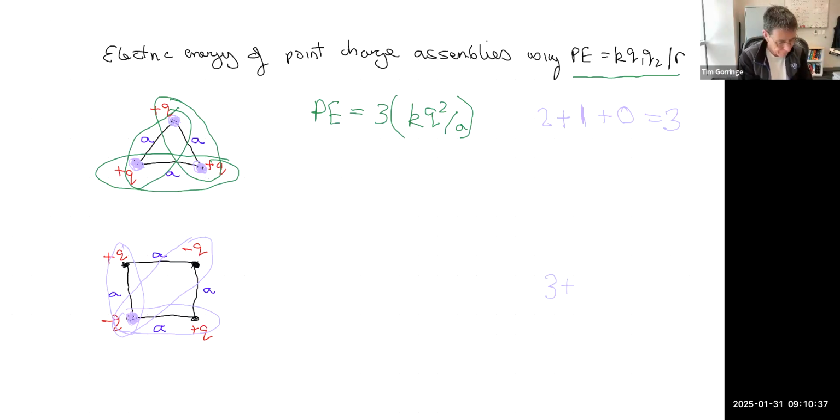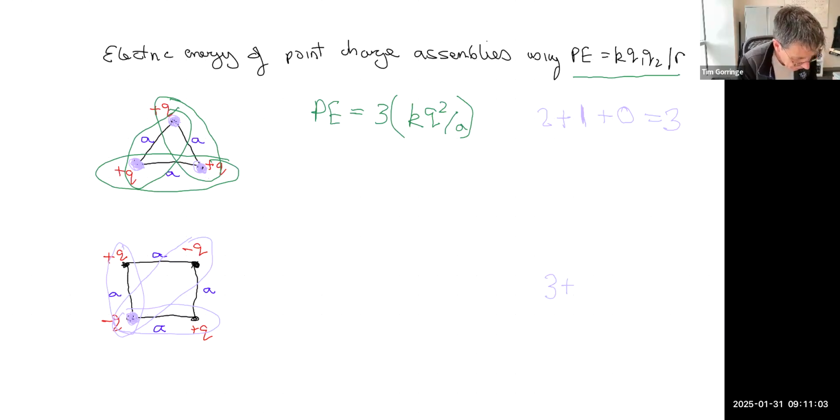It's 3. Now, an interesting point here is that 2 of these, the interaction with the top left-hand charge and the bottom right-hand charge, involve interactions with opposite charges, so it's a minus q and a plus q, and involve interactions between charges separated by a distance a.